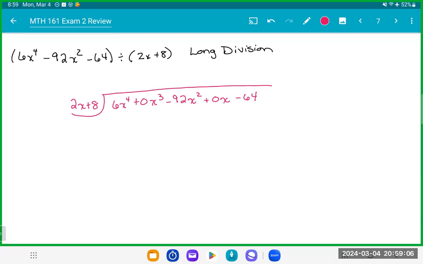Okay, very important. Don't forget to put in all those placeholders in there. When you do all of that, you end up with 3x^3 - 12x^2 + 2x - 8. And you'll have a remainder of 0 in this case. Okay? Any questions on long division?